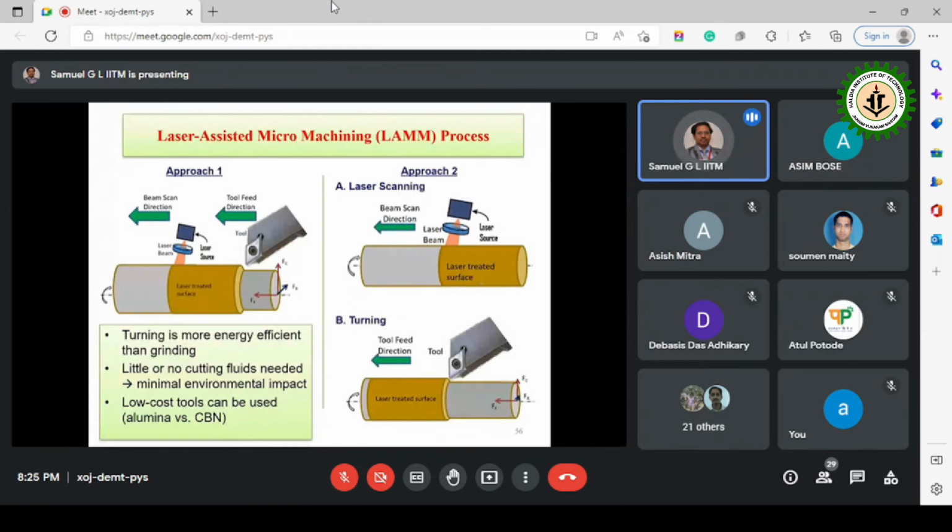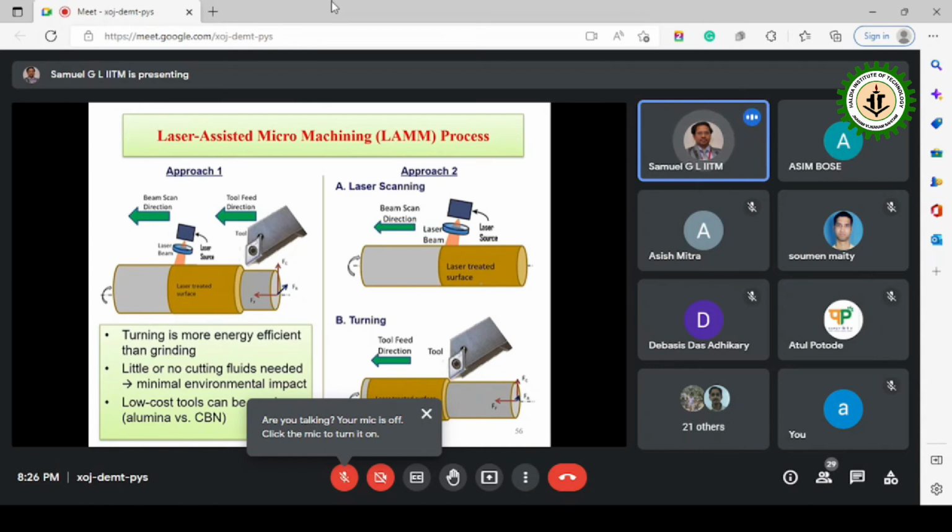Then the next application in machining is what is called laser assisted micro machining. So it is called LAM, laser assisted micro machining. One of the professors, Mailkote, is an Indian who has been working on this area.